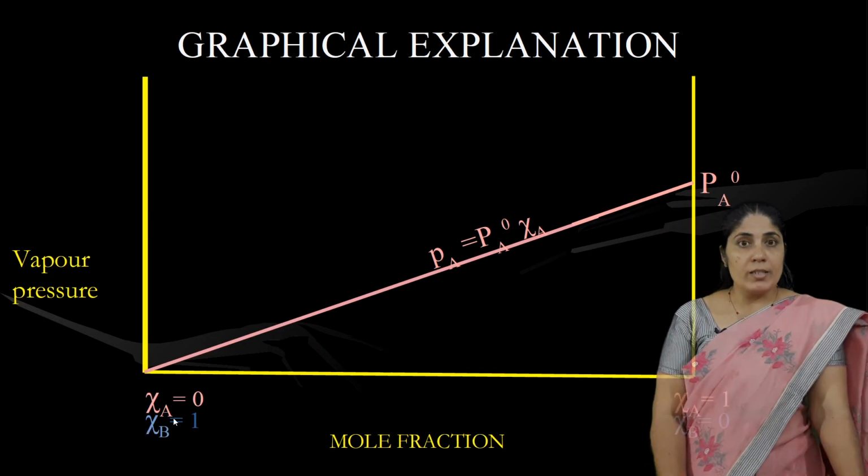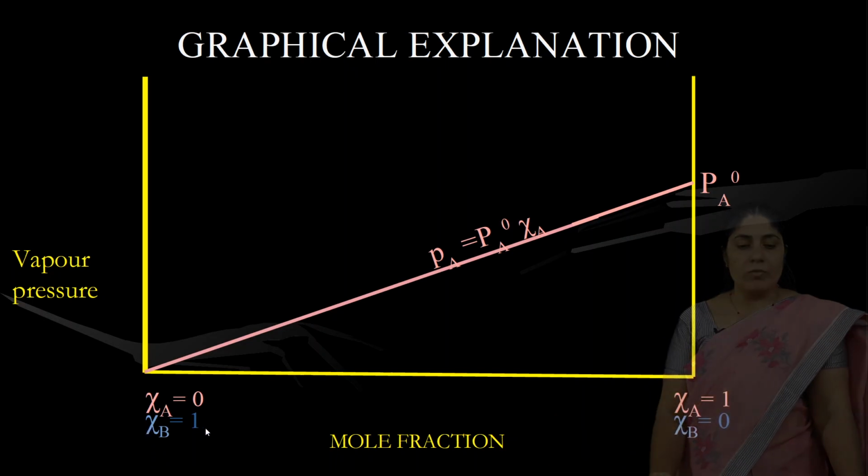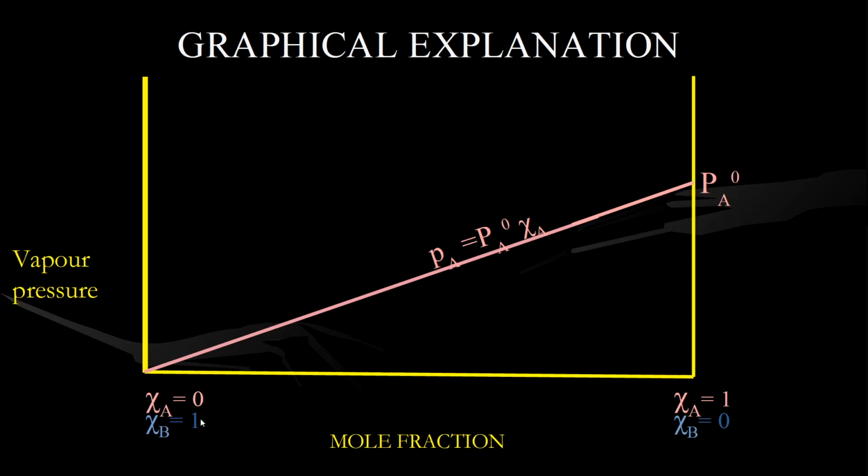So, in this case, the extreme right side will have chi B is equal to 1. On the marking of this graph, sometimes it is also marked as chi A is equal to 1 or chi A is equal to 100%. That's only the way it is represented.